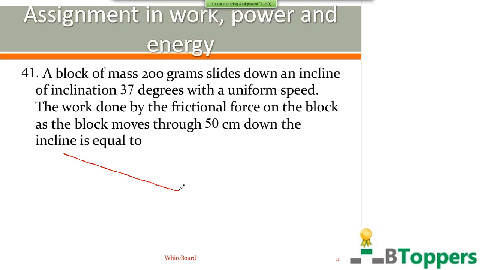So when the block is sliding down the fixed inclined plane, let us consider the forces acting on the block.